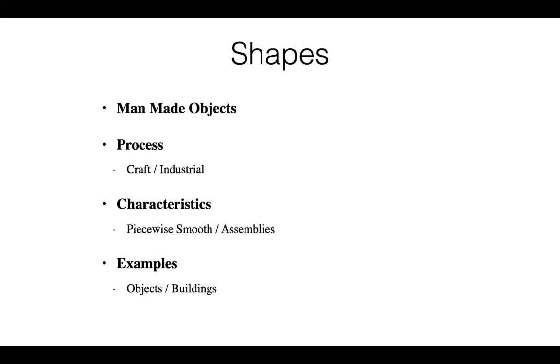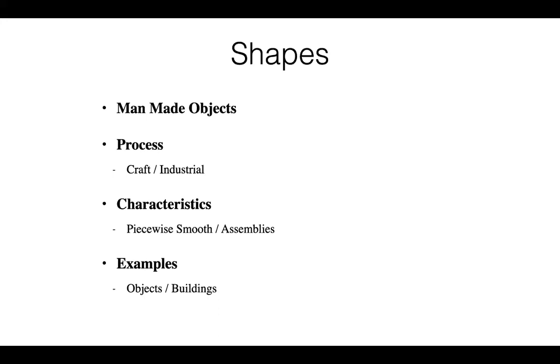And also, usually these man-made objects are constituted by parts, so they have different assemblies. Like a chair has the seat, the back, the feet, and the same for a table or some other part. So this has to be taken into account when you model these shapes and you construct these shapes.